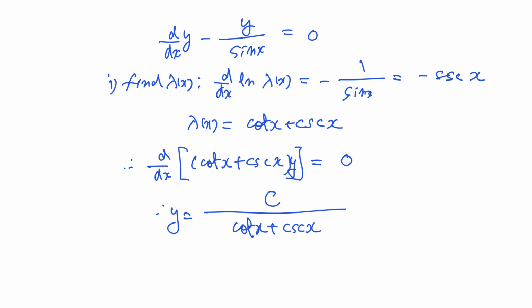But I can be vicious. But I can modify the problem a little bit. This is quite straightforward, isn't it? But what if dy/dx plus sine pi plus x times y equal to 0?